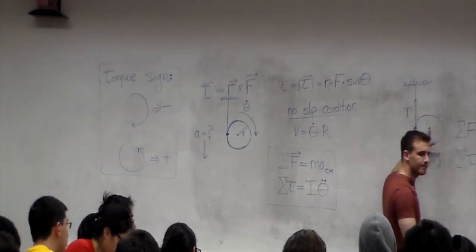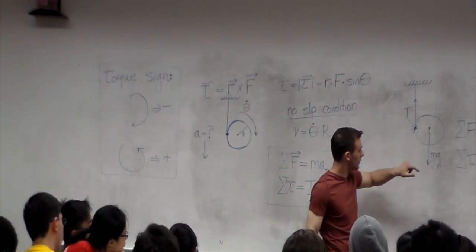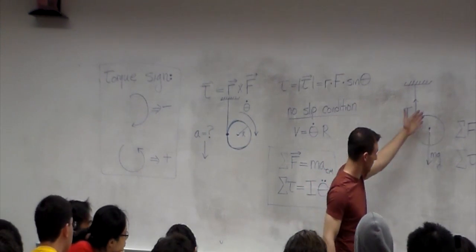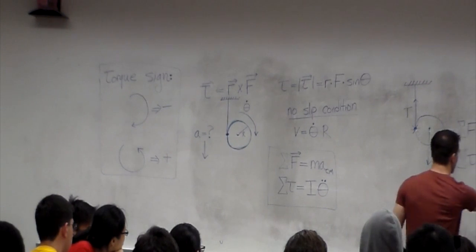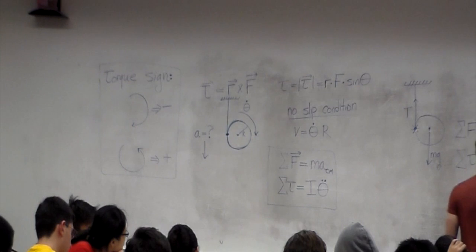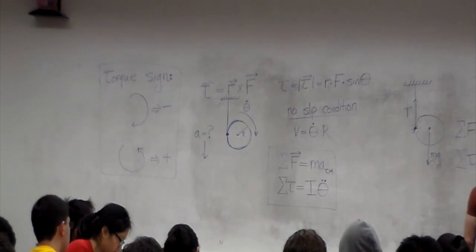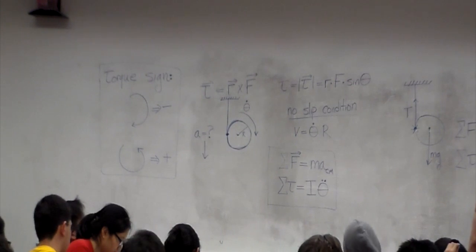The sine of the angle would be what? The angle is 90 degrees, so 1 again. So this is the sum of the torques. But this is equal to I times theta double dot, which you could also call I alpha.